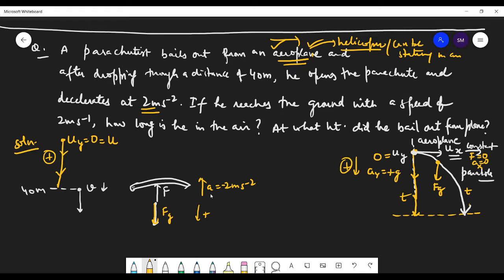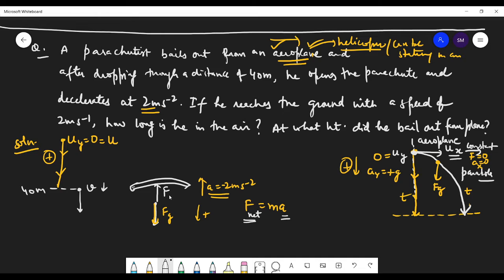Acceleration will always be in the direction of the net force, because this is the formula, F equals ma. And students, this force is always the net force I talk about. If there is only one force, that force is the net force. But if there are two forces, the direction of acceleration and force will always be the same. So the net force was acting in the upward direction.